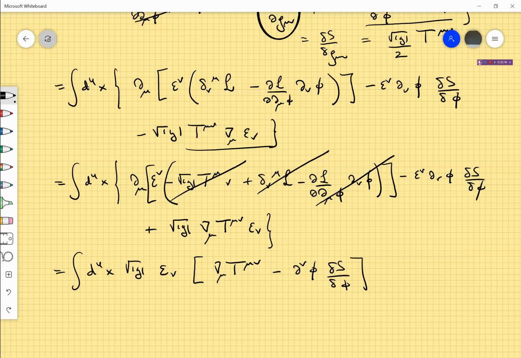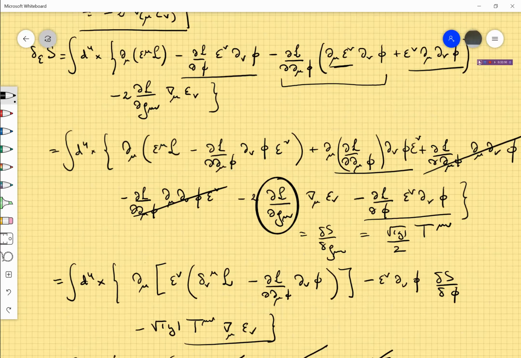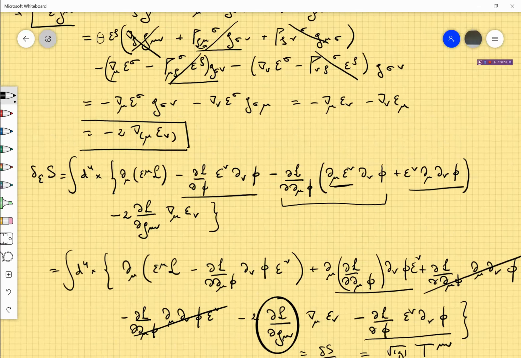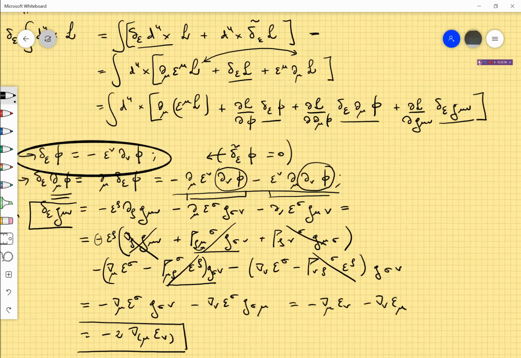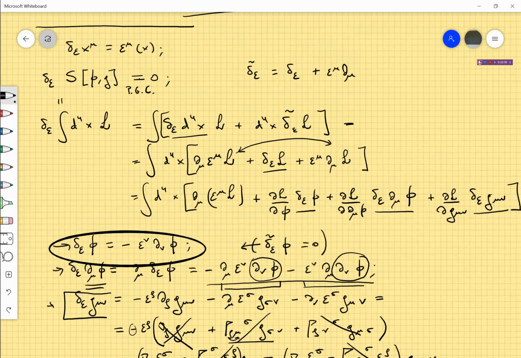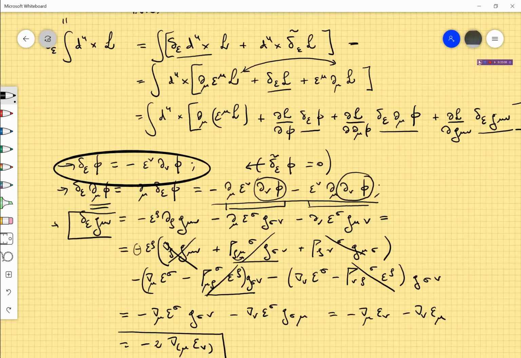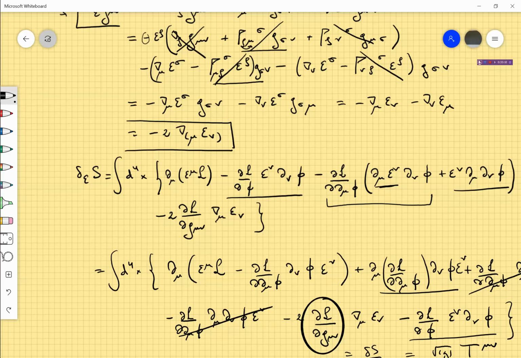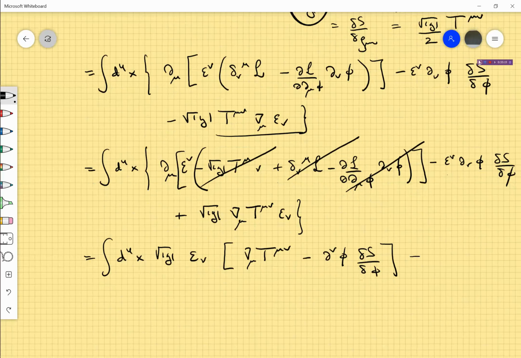Now we have assumed from the beginning that this action is invariant under these transformations, because we just take actions that by construction satisfy the principle of general covariance and are invariant under general coordinate transformations. This is what we have assumed from the beginning. So we know that this is 0, and this is 0 for any epsilon.